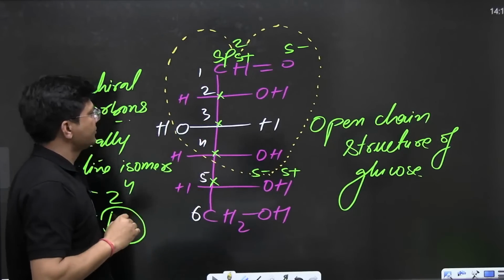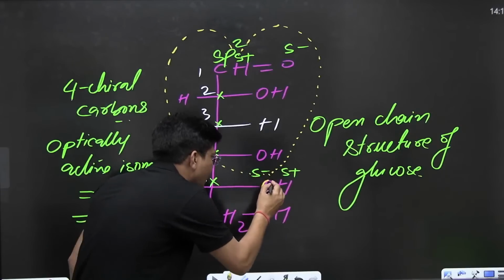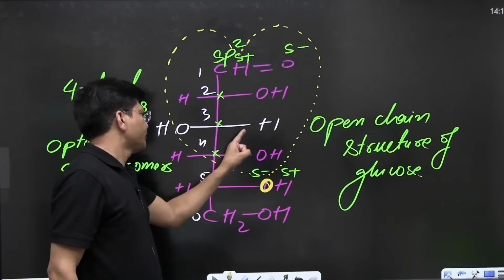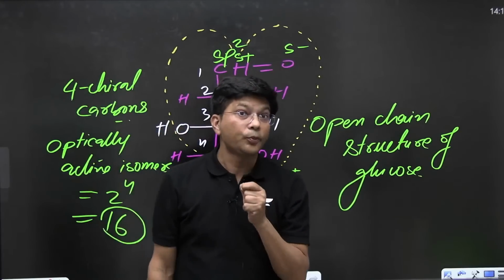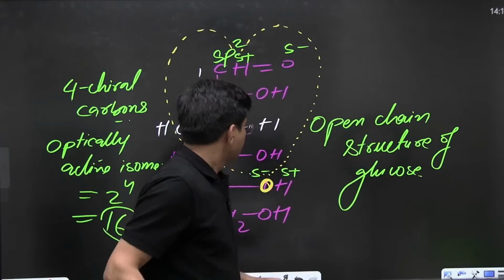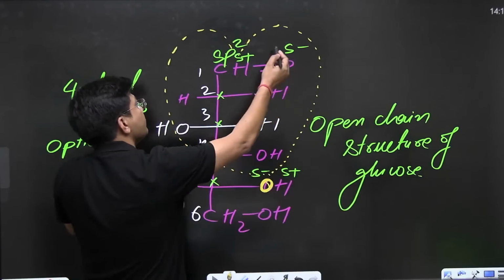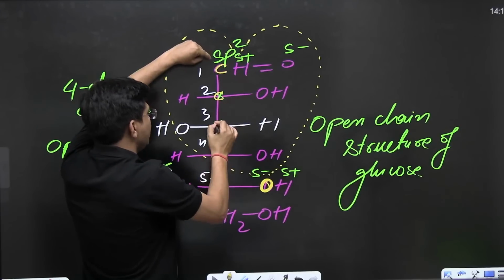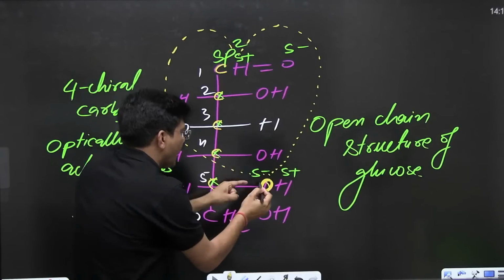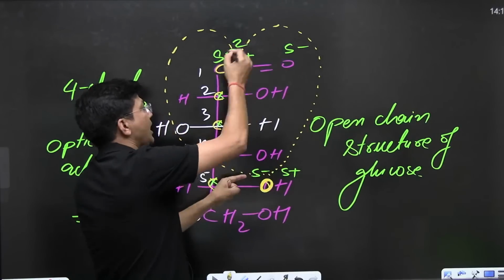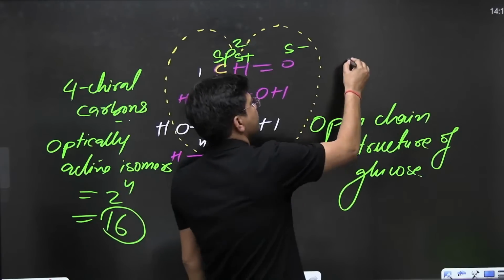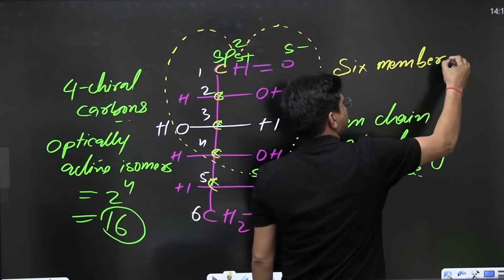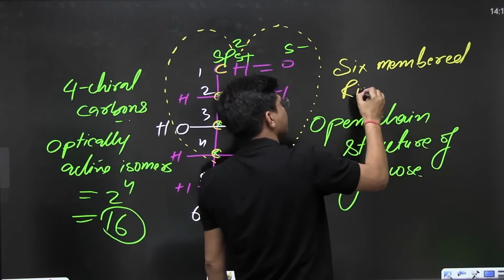Now the question arises, why only this oxygen? Why am I talking about this oxygen only? Why am I not talking about all the rest of the other oxygens? This is the main point to be noted, my dear students. If this oxygen forms a bond with this carbon, you will get 1 carbon, 2 carbon, 3 carbon, 4 carbon, 5 carbon and the 6th atom, a 6-membered ring.